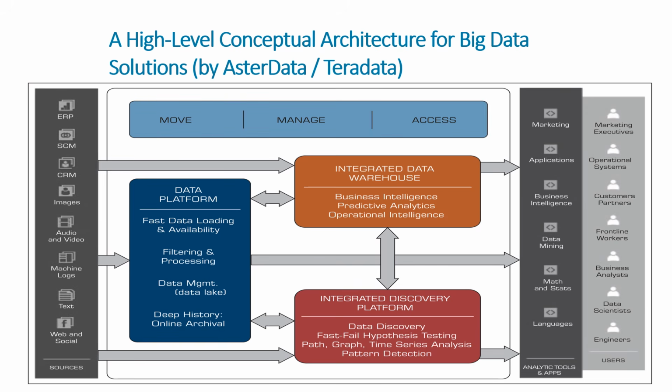Now, if you're talking about how data warehouses work, if you see the second last column, it divides your data into different marts like marketing, applications, business intelligence, data mining, math and stats, languages. So you can even take actions and decisions for each department. That is the main challenge we handle by using data warehouses.